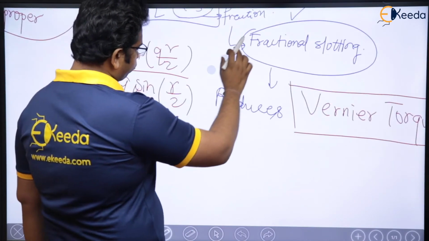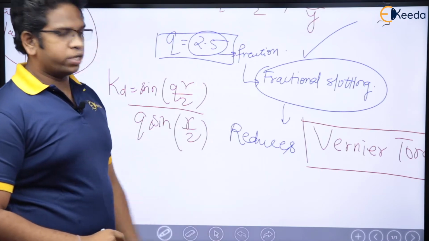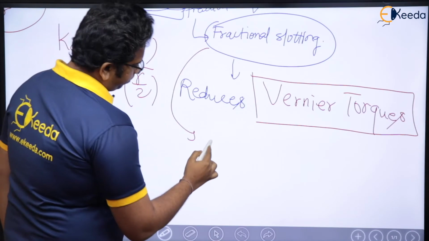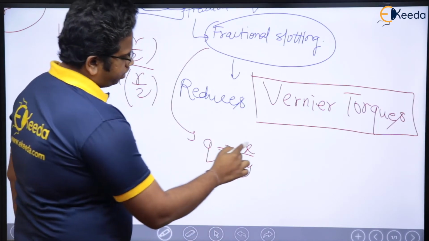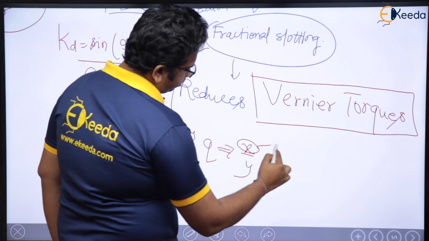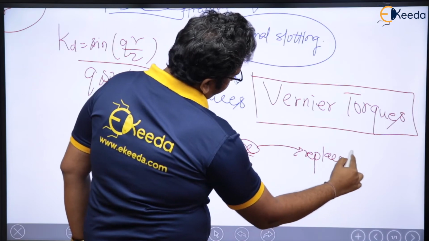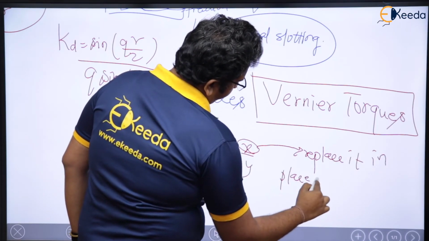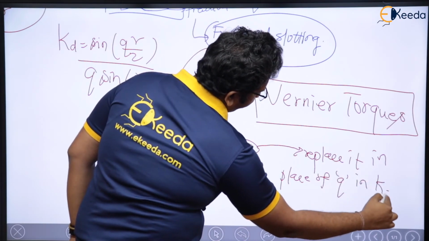So here x is going to be 5. So in case of fractional slotting, what are you supposed to do? Represent this Q as x by y, and whatever is the value of x, please replace it in place of Q in the KD formula.